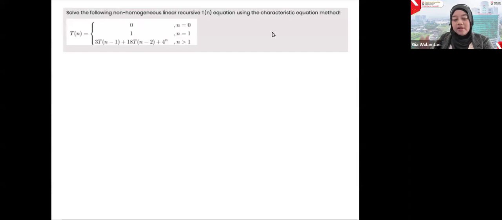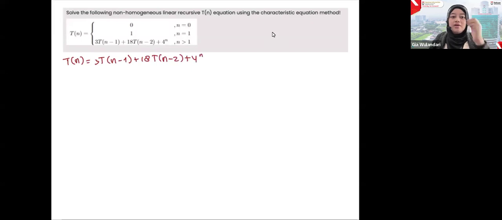So here you have Tn equals 3Tn minus 1 plus 18Tn minus 2 plus 4 to the n. First thing you need to do is make a linear recurrence relation from this.